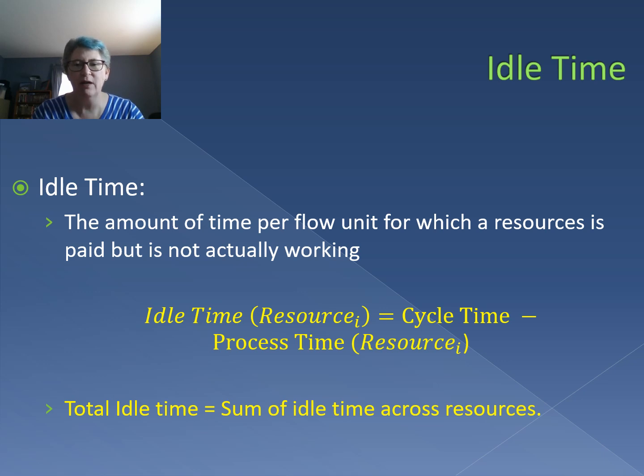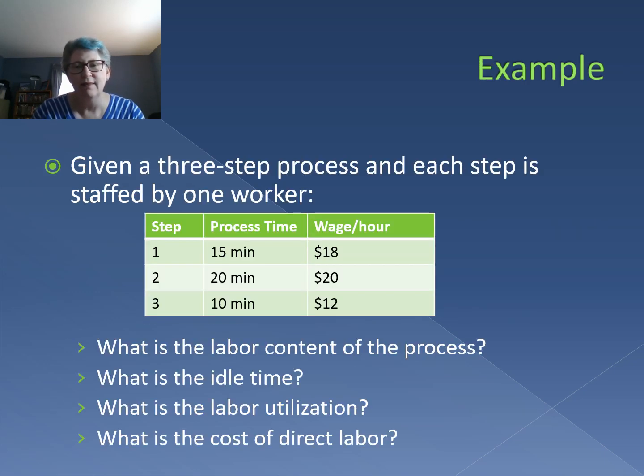So for idle time, we take our cycle time, which is designated by our bottleneck because that controls our overall flow time through a process, and then we subtract out the amount of time that's actually being worked on by that particular resource. And what's left is the idle time. Then for that particular unit, we sum all of the idle times across all of the resources. This will be a lot clearer as we go through this example.